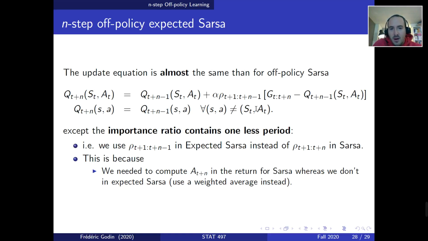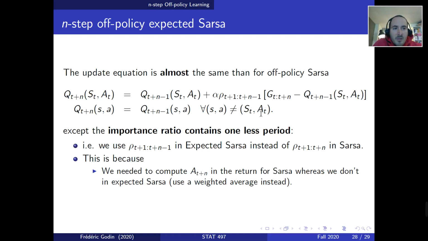So here, it starts at t plus 1. Because when we estimate the Q function or the action value function, we condition on the first action, so we don't have to consider its probability. So excluding action A_t makes the importance sampling ratio start at t plus 1. And furthermore, why do we end at t plus n minus 1?